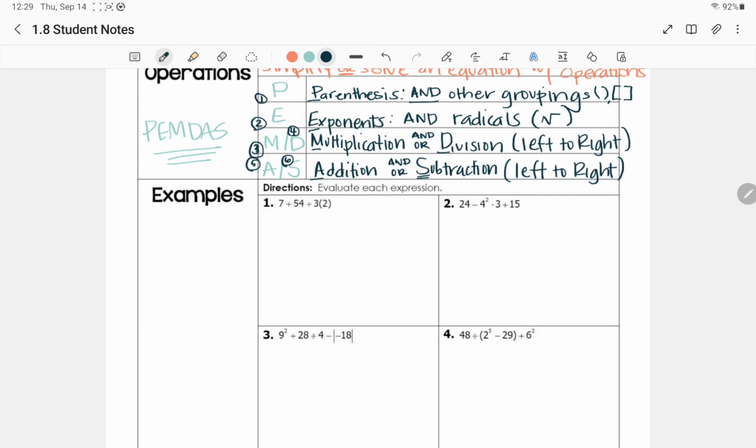So we have 7 plus 54 divided by 3 times 2 is 6. So I did my parentheses, I multiplied my 2 by my 3 and moved that out of parentheses. And then there's no exponents. The next thing I need to do is multiplication and or division first, before I do adding and subtracting. And I see 54 divided by 6.